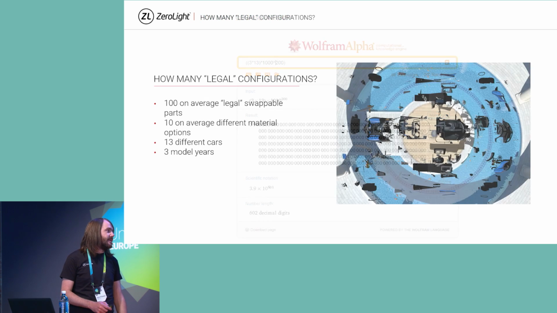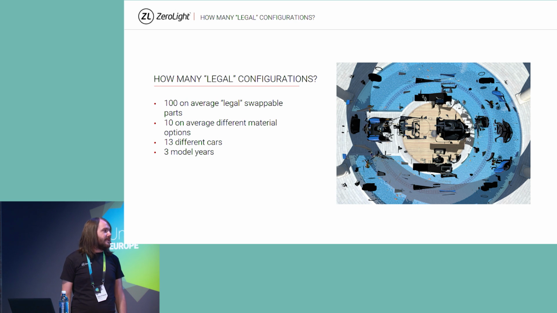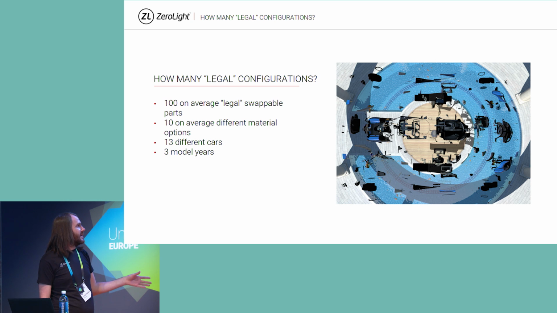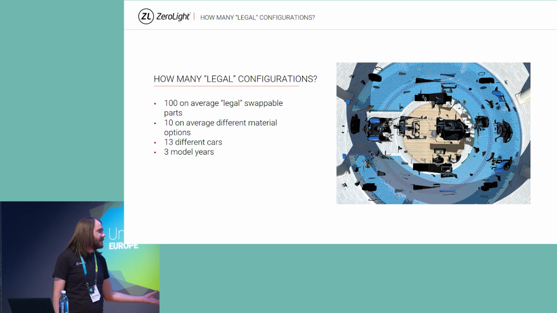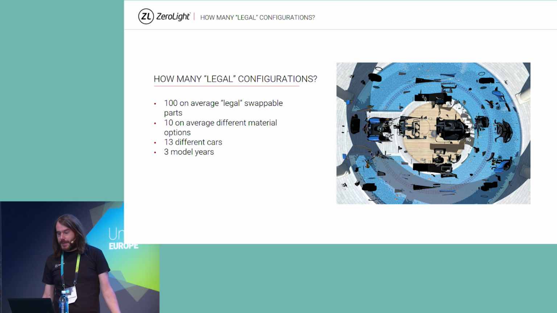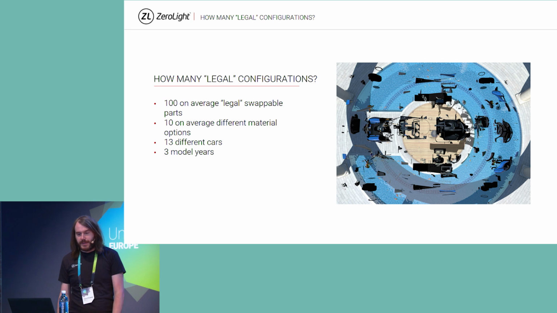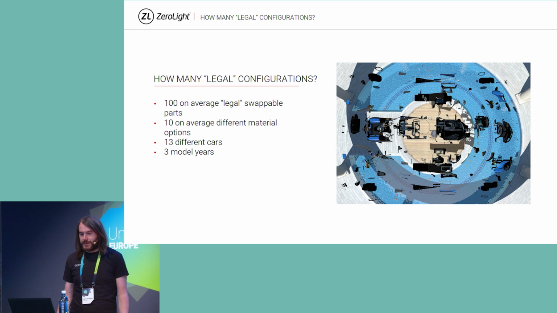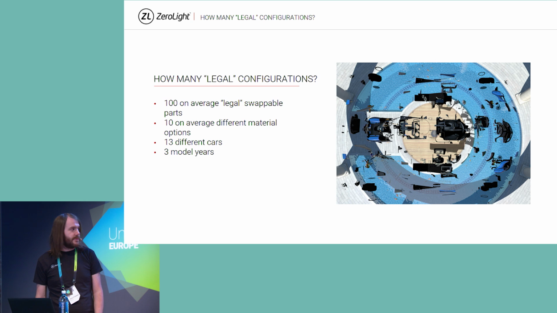But really, when we look at actual legal configurations, there's a few less. On average, we have 100 swappable parts, 10 different materials, still 13 different cars and 3 different model years. As far as legal parts, you can't put fabric on the exterior of the car. You can't put carbon fiber on your seats. So not every single material can be placed everywhere.